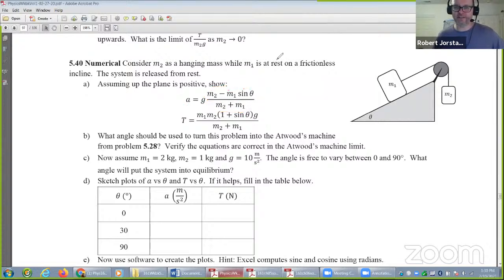When we check the units on the other one, look at this. I'm going to pull out an m1g. Going to get rid of that. Notice this, I know, is a unit of Newton because I've seen it so many times.